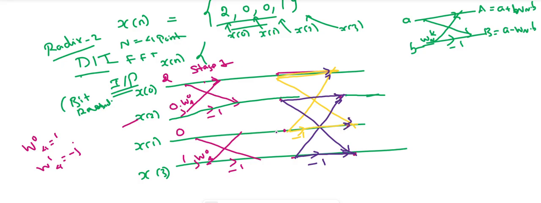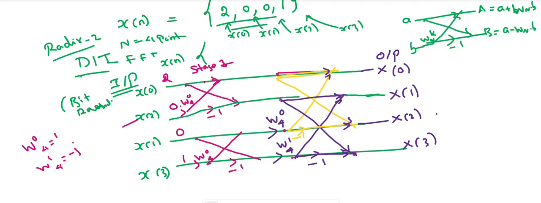The lower wings have W_4^0, and this one will be W_4^1. The outputs should be, in the decimation in time algorithm, in natural order: X of 0, X of 1, X of 2, X of 3. This is the natural order. This is the 4-point decimation in time FFT algorithm.